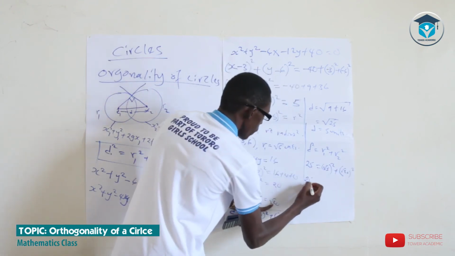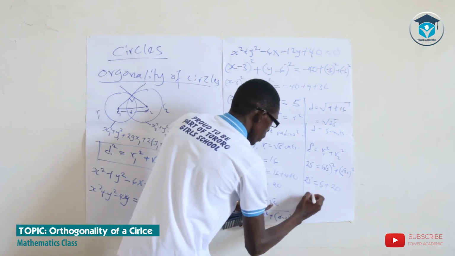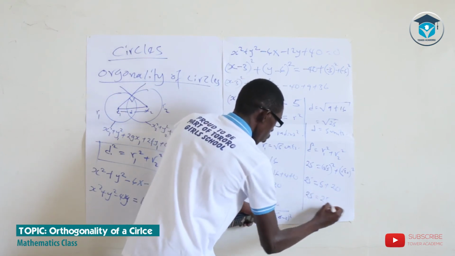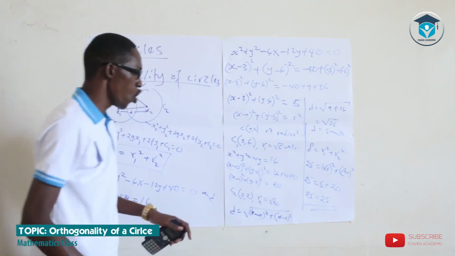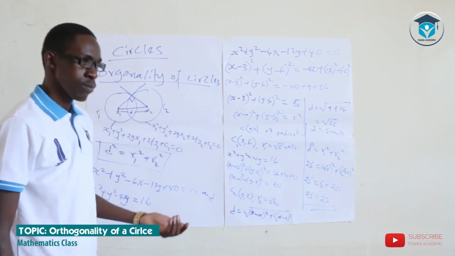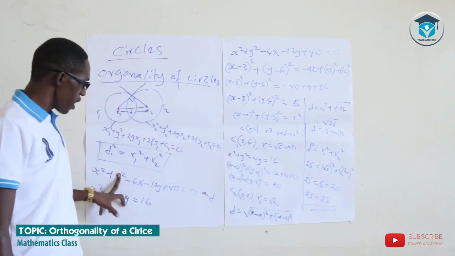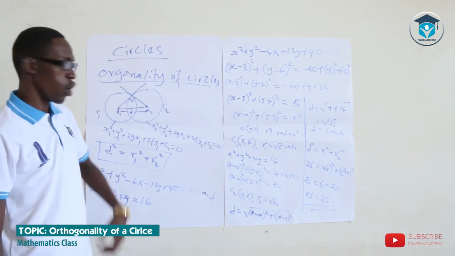So this gives us 25 equals 5 plus 20. Therefore, 25 equals 25. Once the two sides hold, it shows that these two circles are orthogonal. So we conclude that circle 1 and circle 2 are orthogonal.